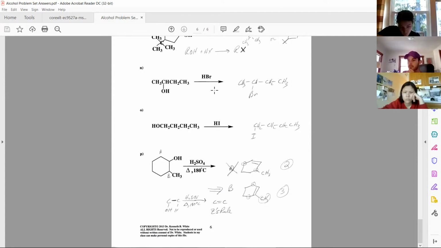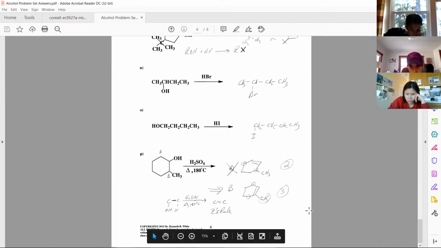That's what you get. So if we look, here's the hydroxyl group. On this carbon, I have a hydrogen, I label B. And on this carbon right here, I have a hydrogen A. If I lose the hydrogen from A and the hydroxyl group, I'll form this alkene. If I lose the hydroxyl group and the hydrogen here, I'll form this one.